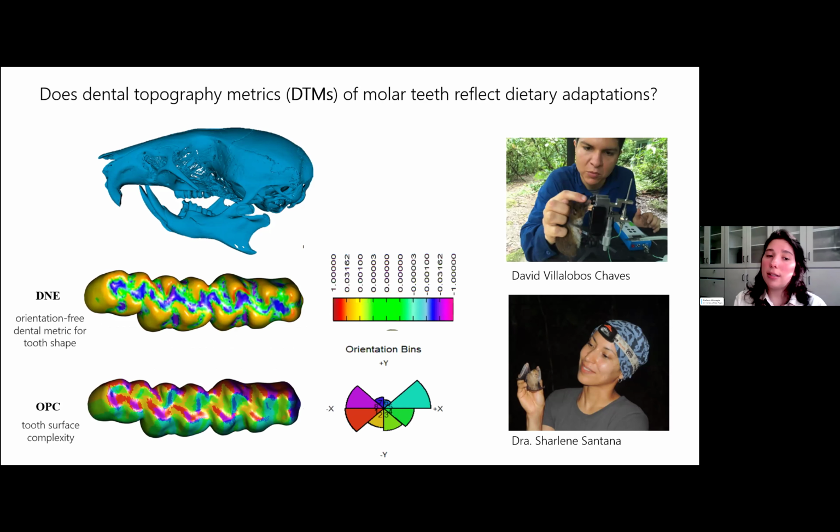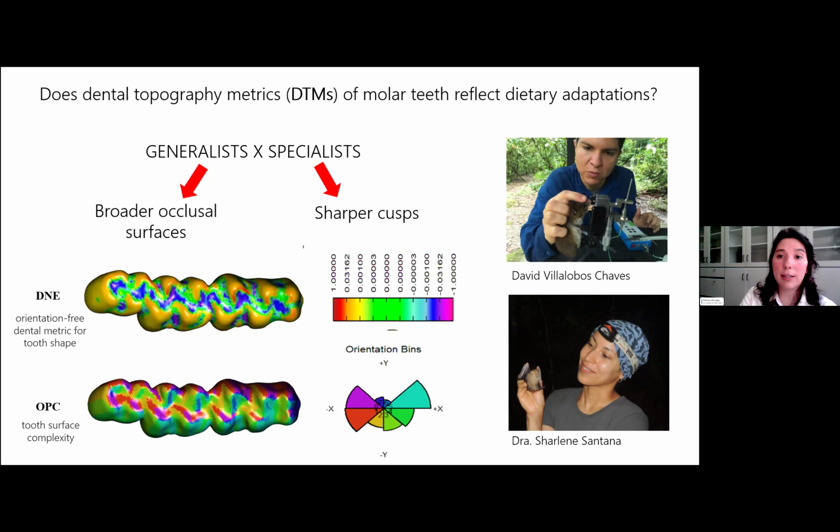So far, this is still an ongoing project. David observed some differences between diet specialists and generalists across these metrics. For example, he found that herbivorous and predatory species, which are dietary specialists, have sharper molar occlusal surfaces compared to omnivores or generalists.